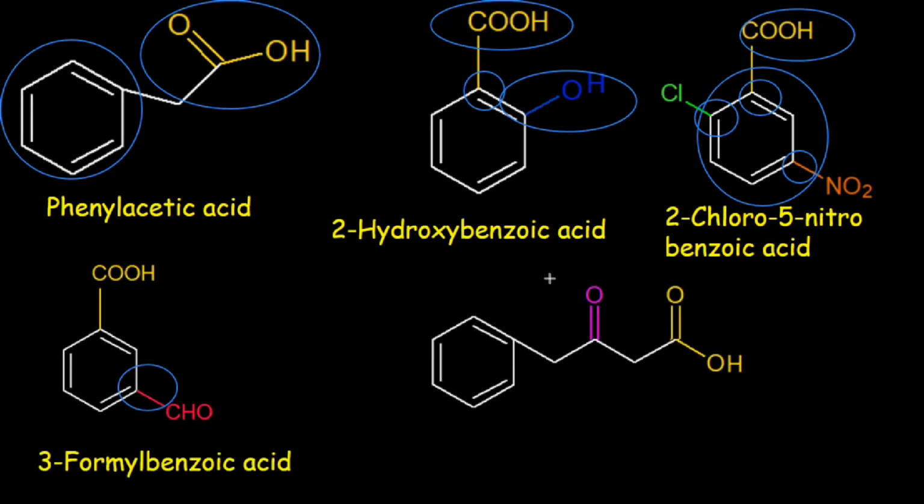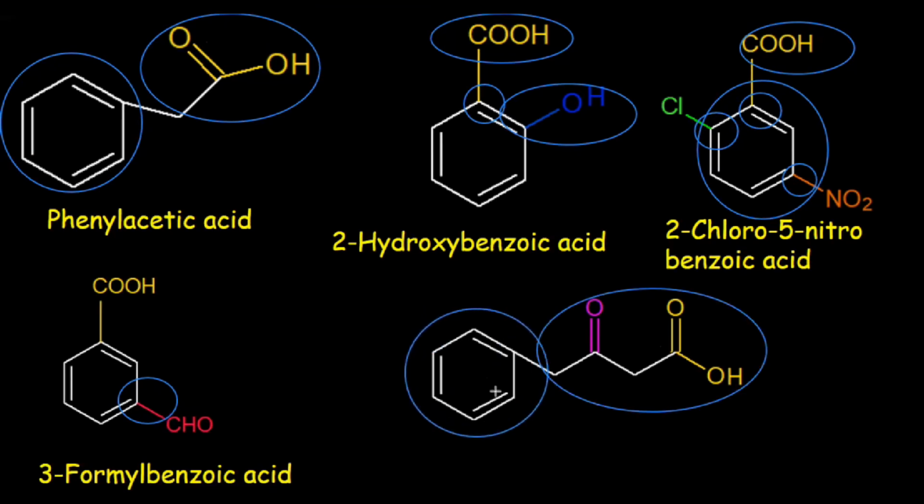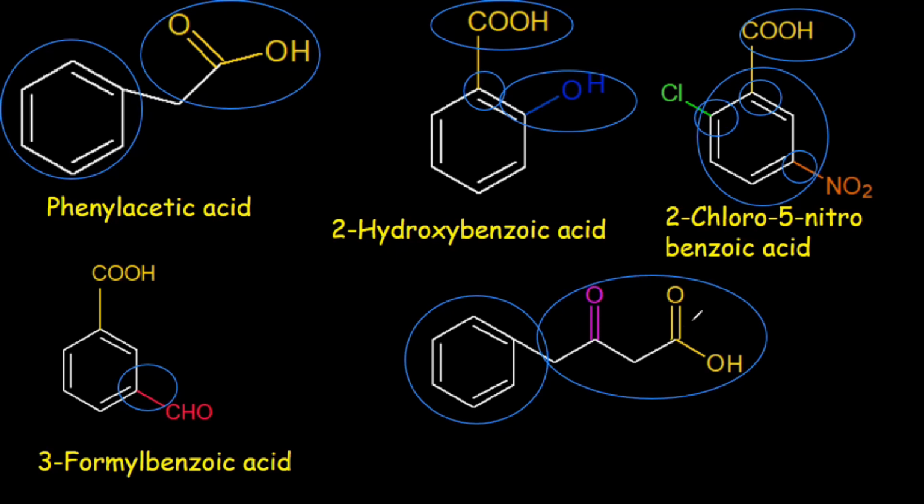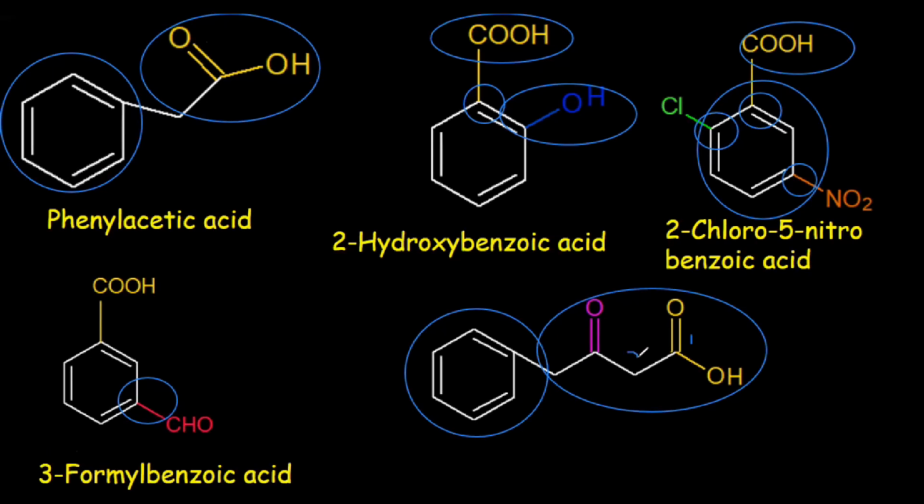Now consider another example. The molecule contains chain and ring structure both, but the chain structure contains the maximum number of functional groups. Therefore, it would be selected for the heading part. The phenyl group is present at the 4th carbon and the oxo group is present at the 3rd carbon.